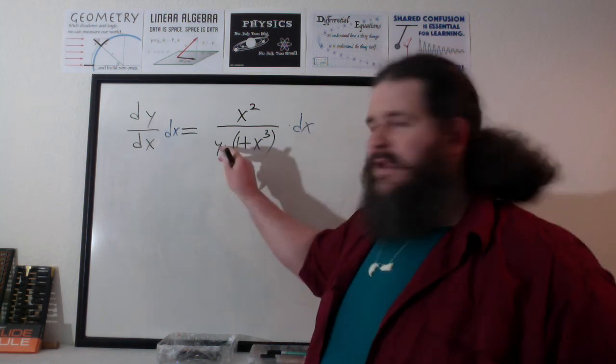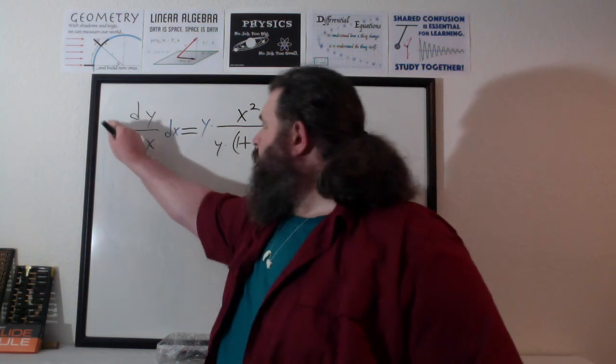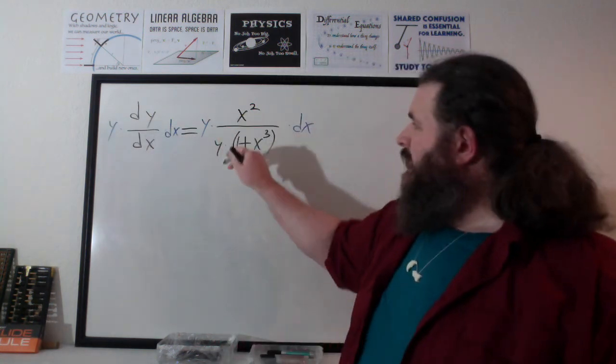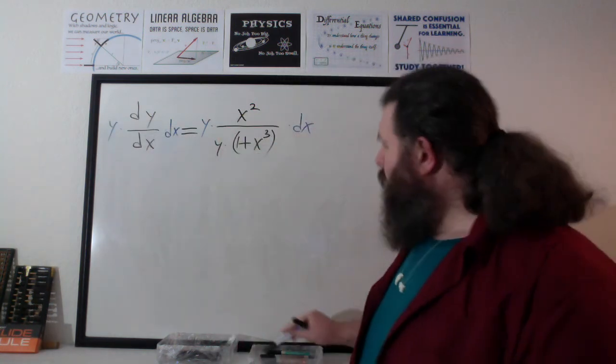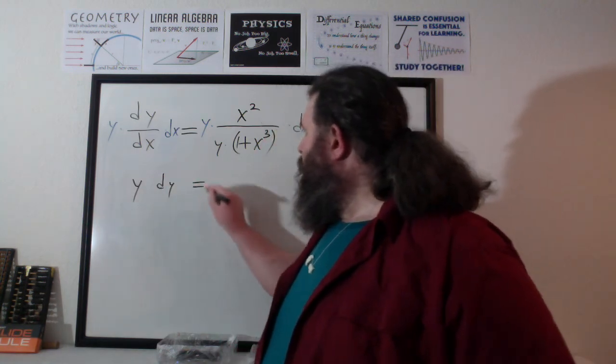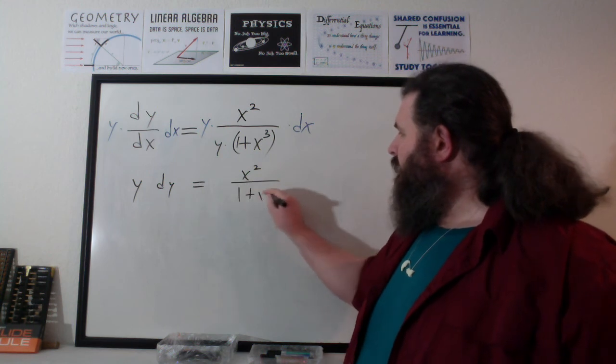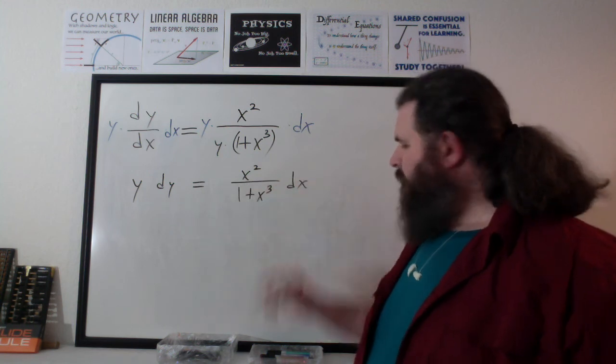And in this case, we can get rid of this y in the denominator by multiplying both sides by y. That way the times y and the divided by y cancels out. And we're left with y dy equals x squared over 1 plus x cubed dx.